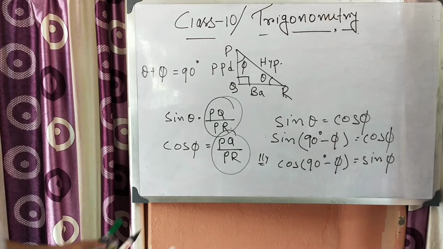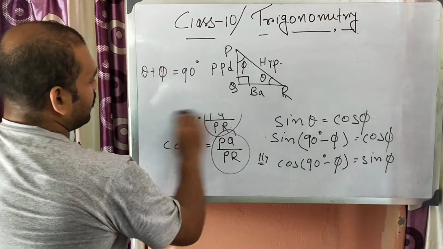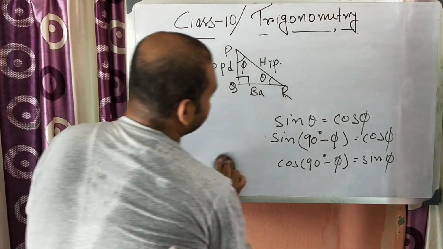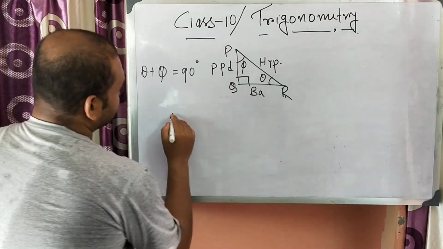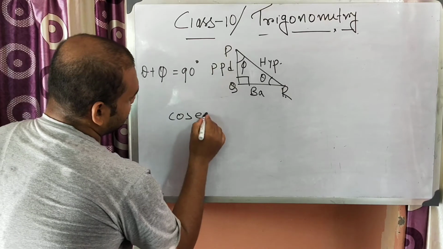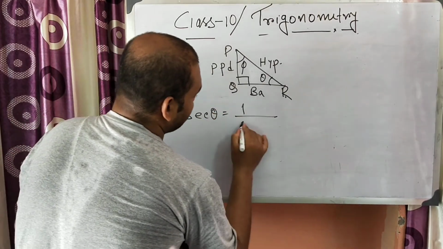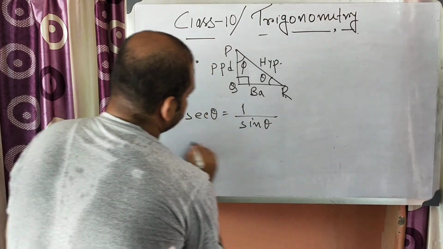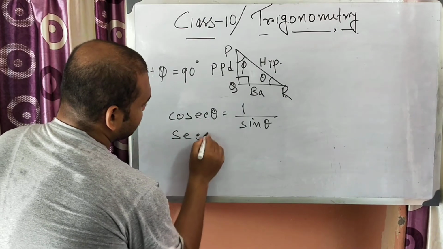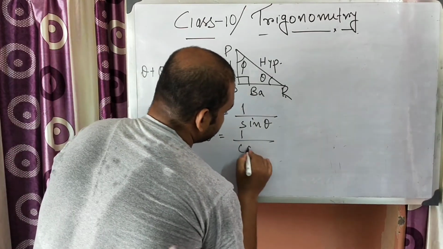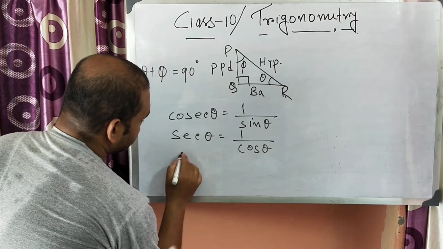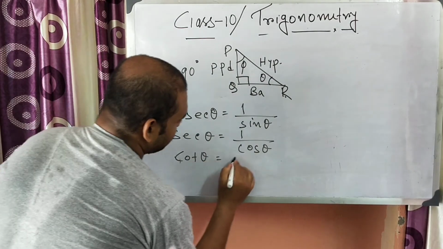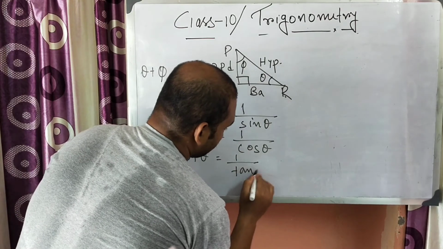Now, the multiplicative reciprocal of sine is known as cosec, that is cosec theta will be 1 by sin theta, sec theta is 1 by cos theta, and cot theta is equal to 1 by tan theta. Why?